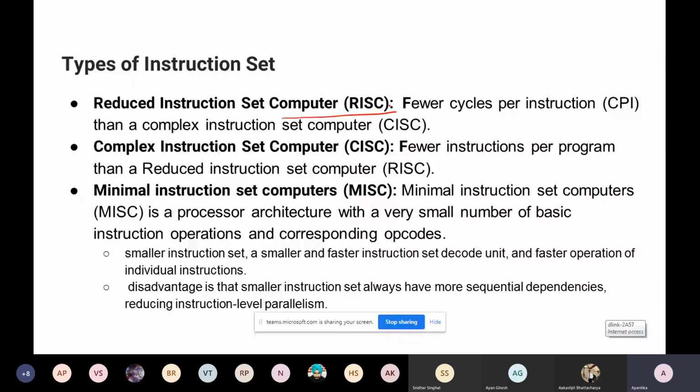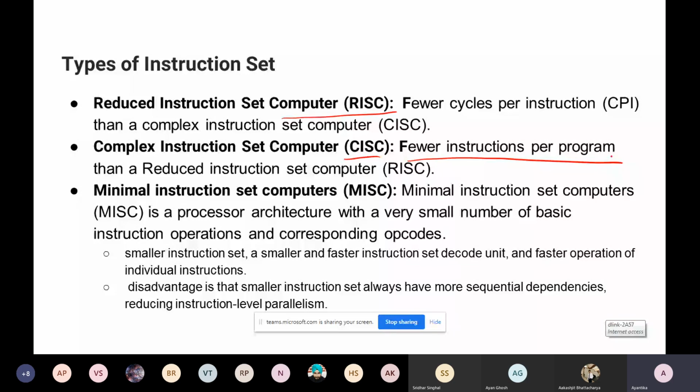In RISC there are different properties. Maybe most of you know all this. But what is the main difference between RISC and CISC? In RISC we need fewer cycles per instruction, and in CISC we need fewer instructions per program. That is the main difference.